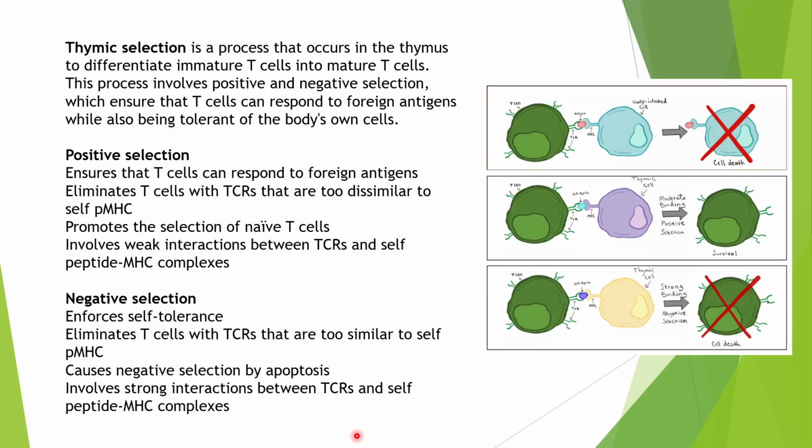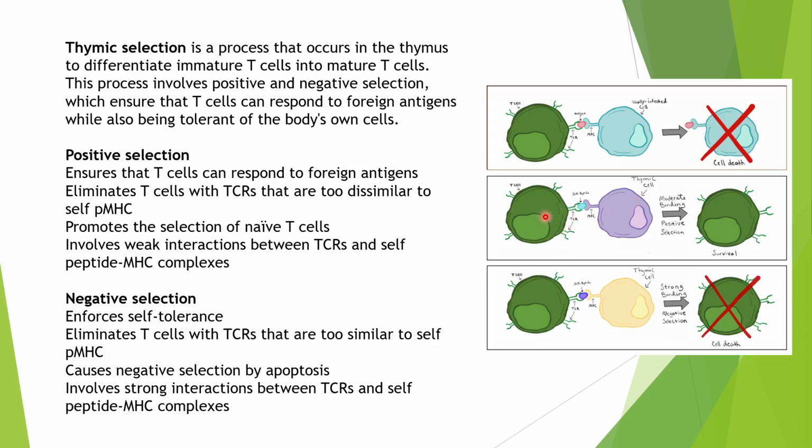It involves weak interactions between TCR and self peptide MHCs. So, if your cells have to recognize your own cells as self cells, then it has to bind and interact somehow with it. You can see here that this is your own cell, this is your thymic cell.